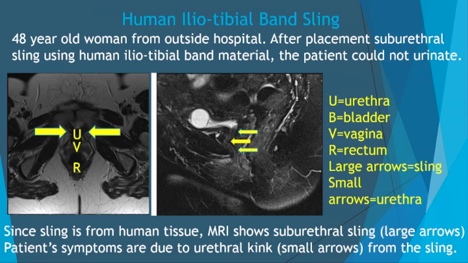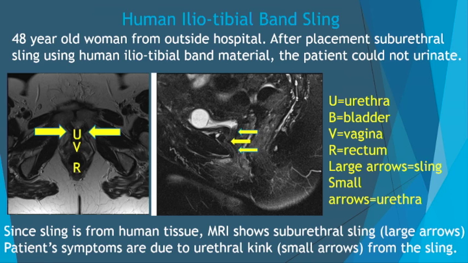Well, this is an example of a 48-year-old who was transferred to our institution after she just had a human iliotibial band sling placed. Unfortunately, after it was placed at an outside institution, the patient stopped being able to urinate.